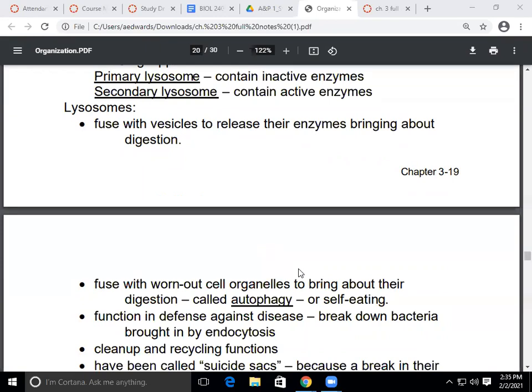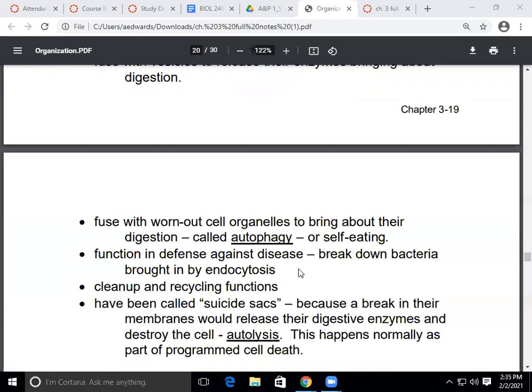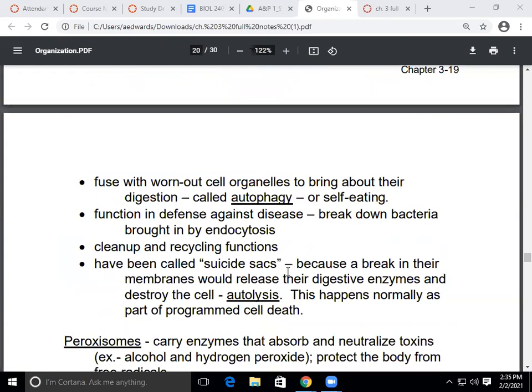All right. Lysosomes can also help you fight disease, can break down bacteria that your cells have ingested through endocytosis. And then they brought them into the cell. They're generally involved in cleanup and recycling.